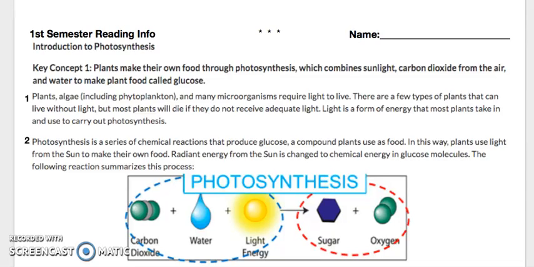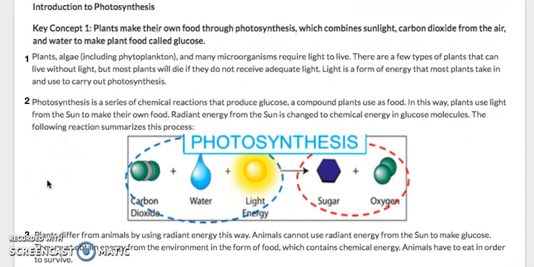The following reaction summarizes this process. You see here, where I'm circling, carbon dioxide, water, and light energy combine and go through the process of photosynthesis, and those molecules rearrange to create sugar, oxygen, and some water sometimes, but mostly sugar and oxygen.